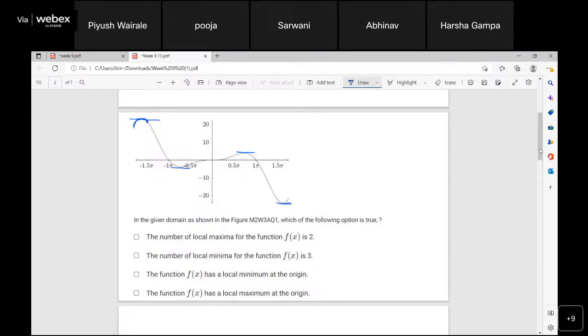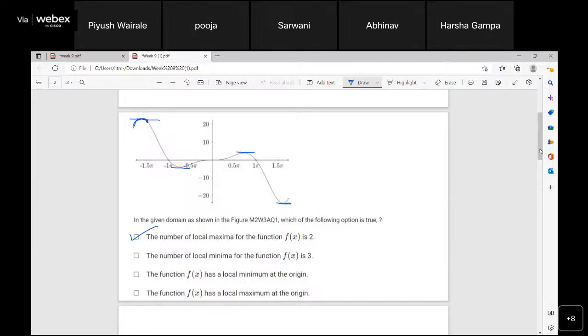So there are 4 turning points in this graph. Now how many local maxima and local minima do we get, just looking at this graph? 2 local minima and 2 local maxima. So the number of local maxima of the function f of x is 2. So this one is correct, right?